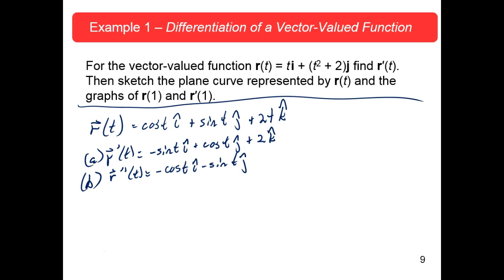Nothing else. Okay. Now a fairly interesting problem. The C part says what is r prime of t dotted with r double prime of t. R prime of t dot product with r double prime of t. Do you remember how to do a dot product?